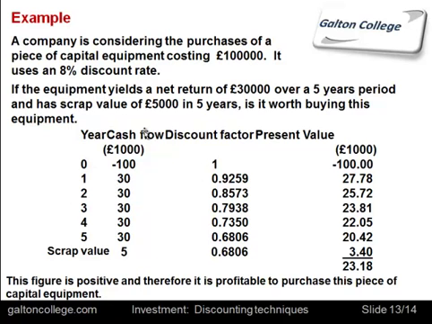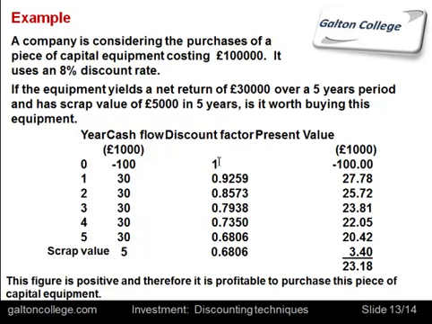Well, if you write down what we know. We know that it's 100,000 going out, so it's minus 100,000. And then we get 30,000 in each year for 5 years, and 5,000 at the end, scrap value.